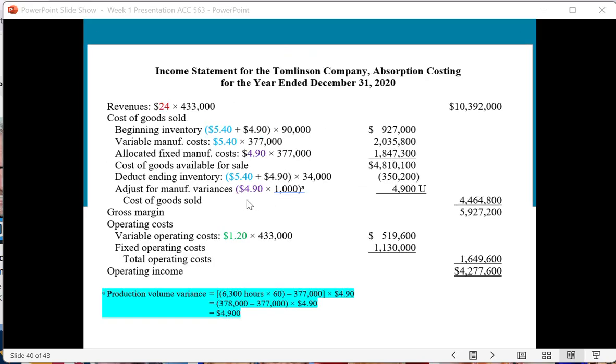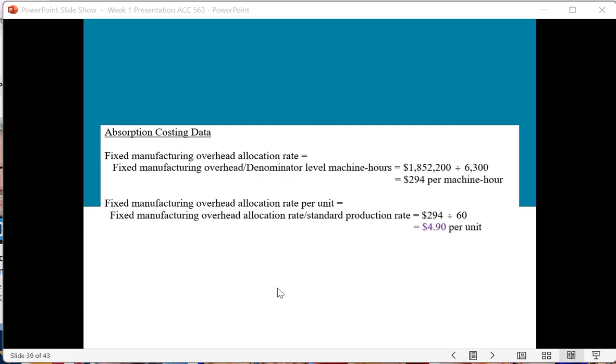We adjust for variance, right? Our volume variance is based upon the production level. So it's 4,900, what we produced versus what we expected to produce, right? Our original calculation, right?